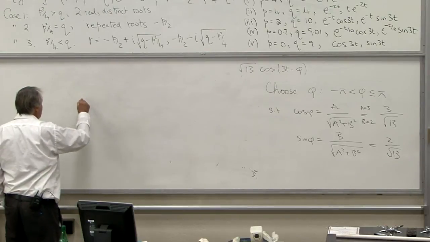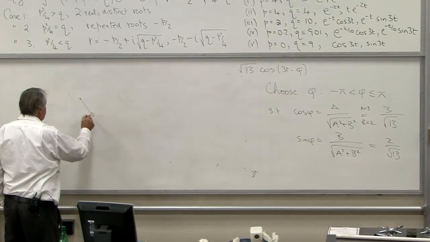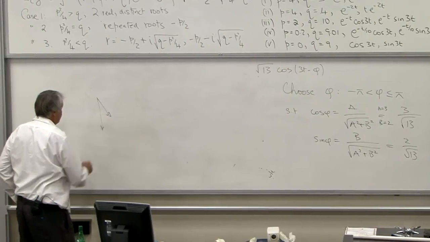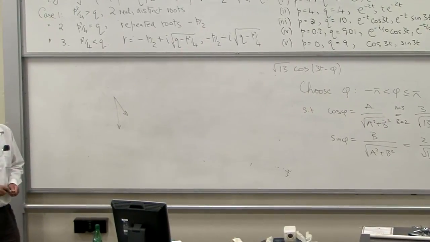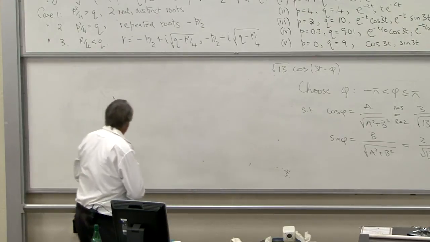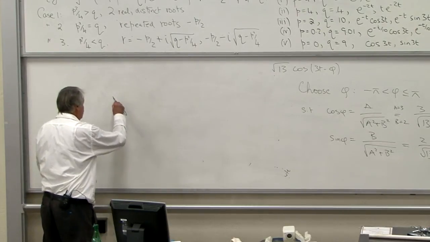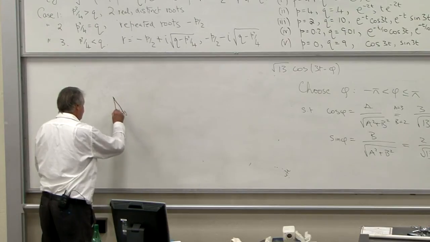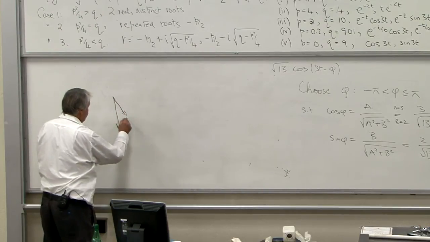So this was one direction, this is the 1 minus 1, this is the 1 minus 3. Think of these as forces, and I'll take the resultant force.